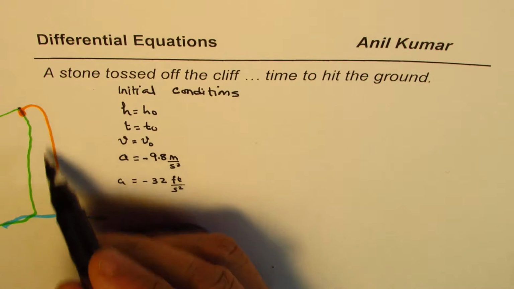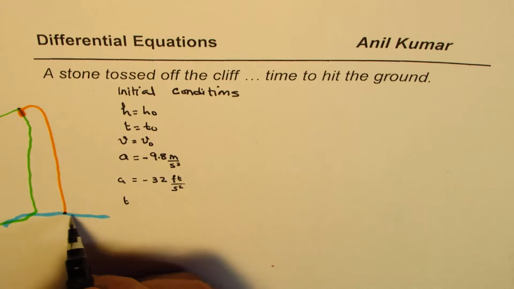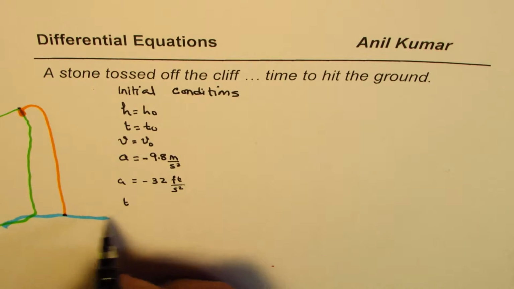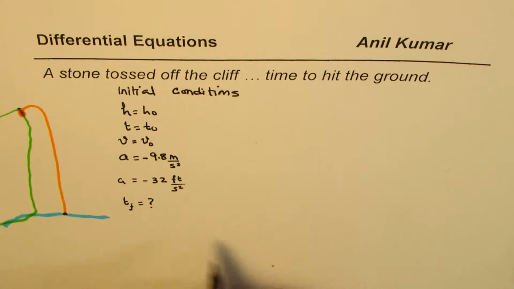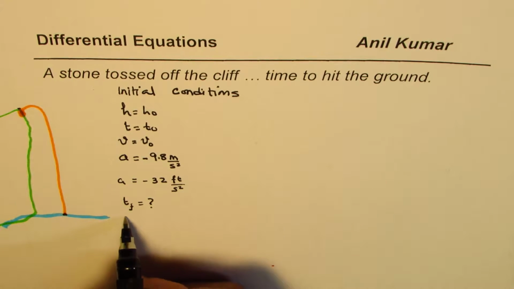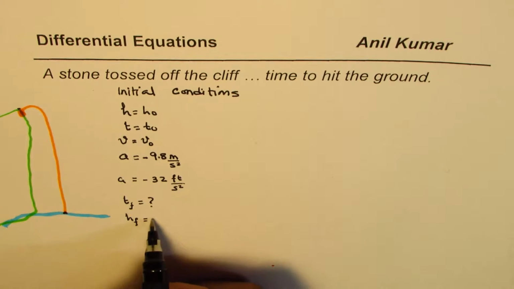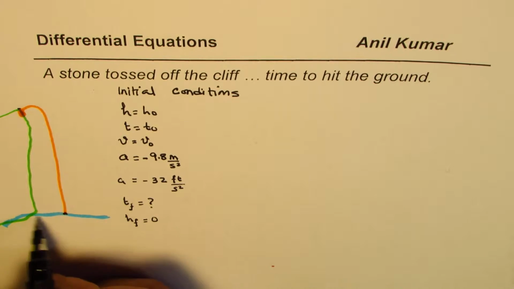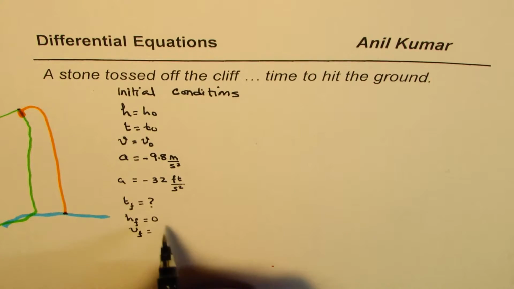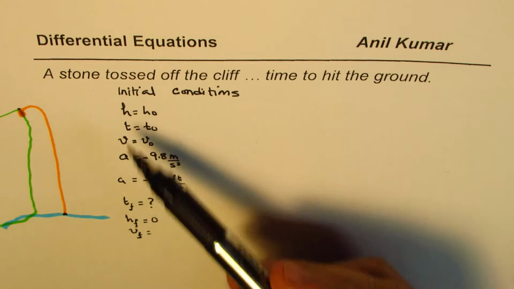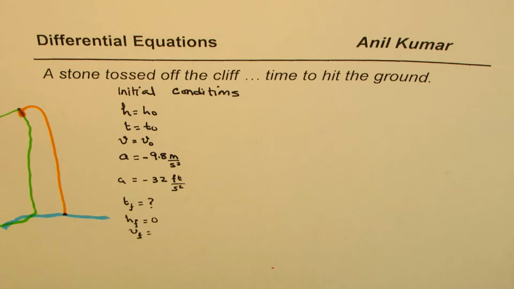But for this duration, we'll call this time when it hits the ground as t final, right? So this normally we may have to find, and we know one thing, that height final will be 0 because that becomes our reference point, right? And we'll also try to find what is the final velocity.